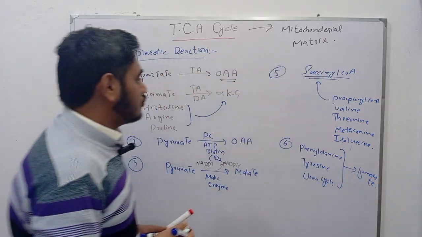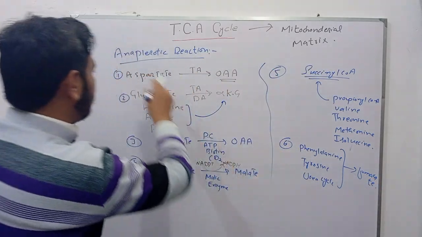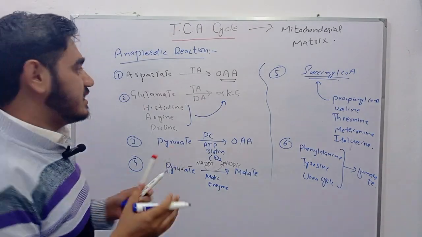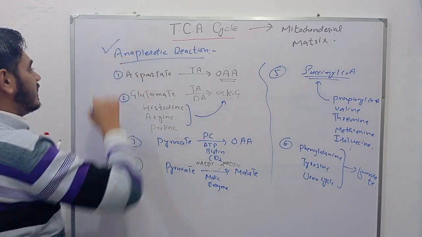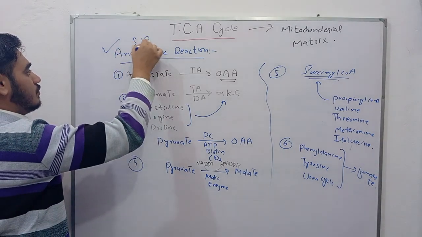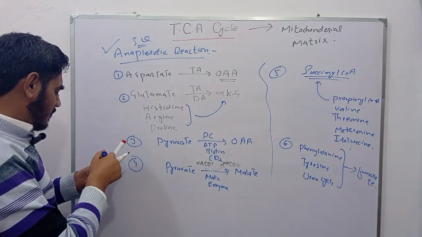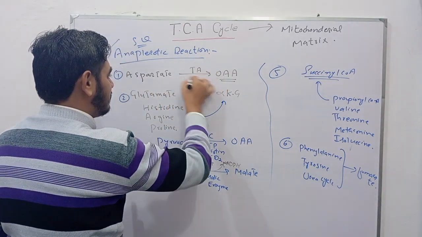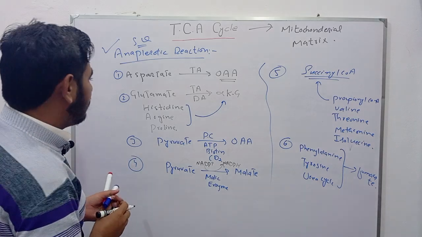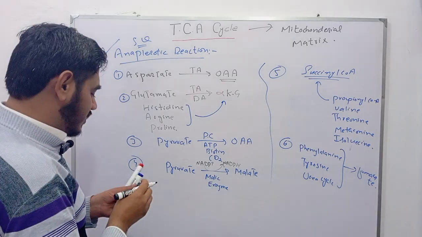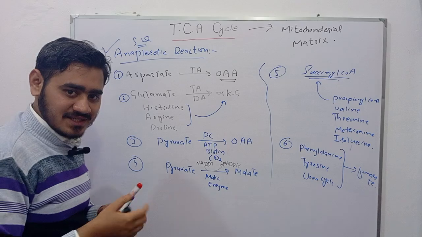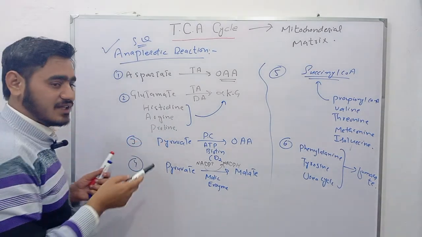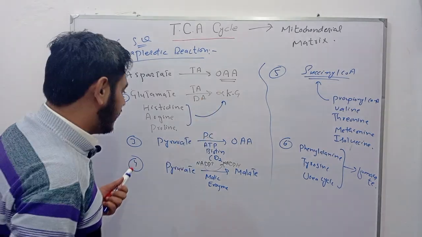So students, this is the anaplerotic reaction, the reaction that replenish the intermediates of TCA cycle. It is very important short question. Here some important examples are the conversion of aspartic to oxaloacetic acid with the help of transaminase enzyme, the conversion of glutamate into alpha ketoglutarate with the help of transaminase and deaminase enzyme, and also histidine, arginine, proline. These are the amino acids that form alpha ketoglutarate.